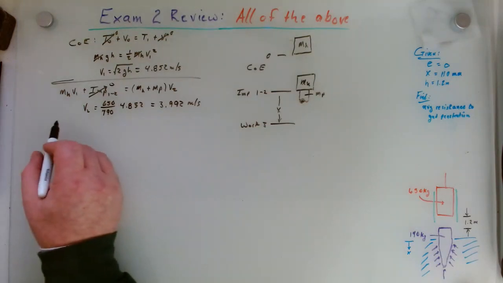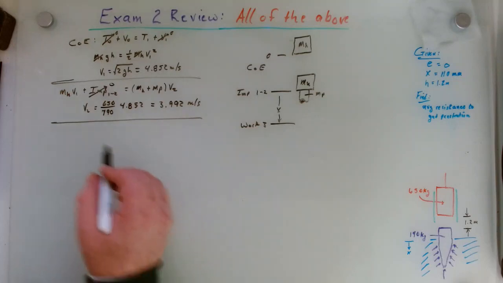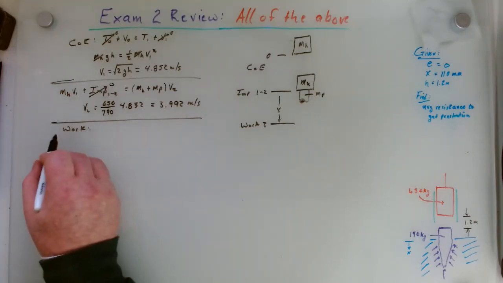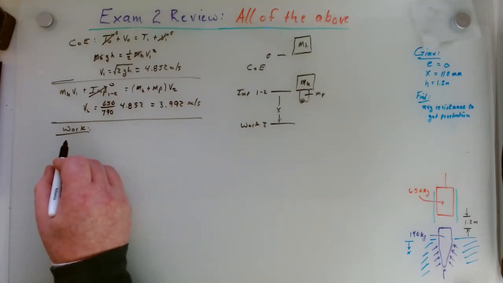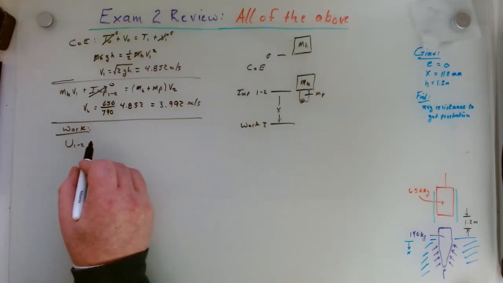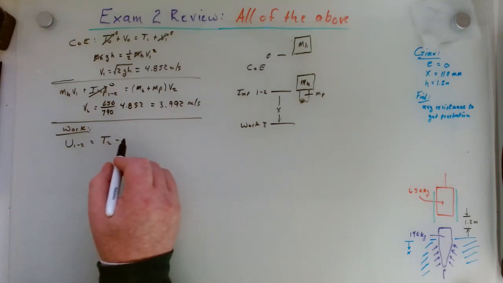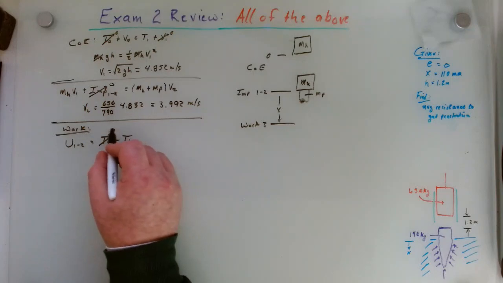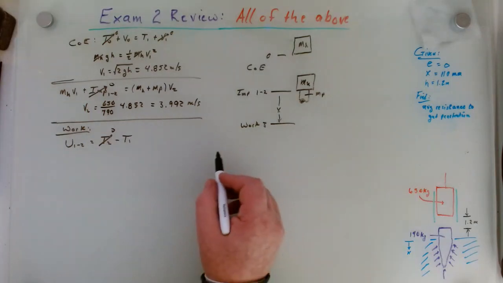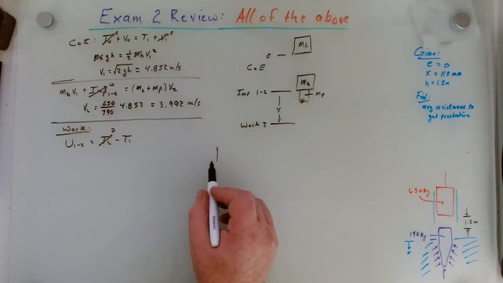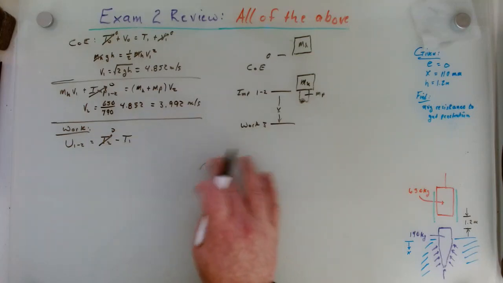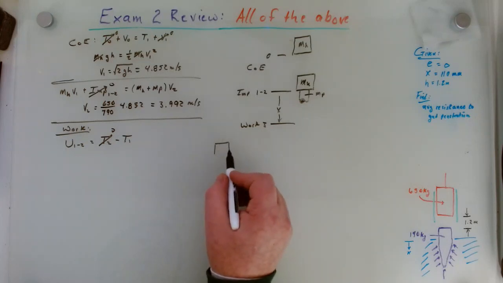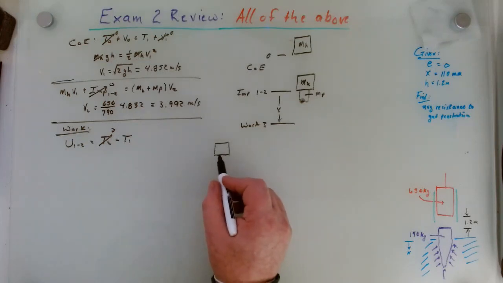All right, then we have work. Okay, and work U1 to 2 is equal to T2 minus T1. And again, T2 is 0. So we have our thing we should draw, and we can do it this way. We'll draw it together again.